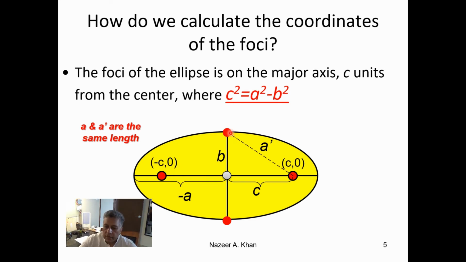Because we know that from the co-vertex to the focus is the same distance as A, and we have a perpendicular right there, we will call that hypotenuse A prime, right? A prime is the hypotenuse. We could use the Pythagorean theorem, and of course because the hypotenuse is there, we're going to put the hypotenuse squared minus B squared will give you C squared, right?